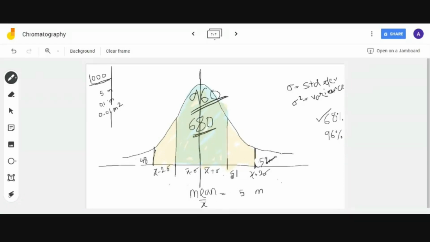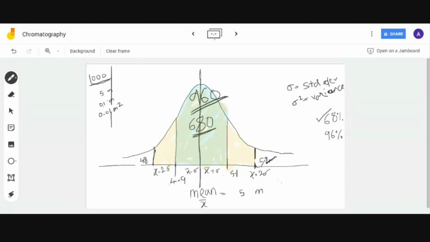Okay, so after 5 minutes you are getting the peak. So x bar plus sigma will become 5.1, and mean minus sigma will become 4.9. X bar plus 2 sigma will become 5.2 minutes, and this will become 4.8 minutes.